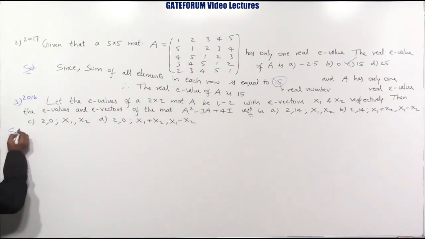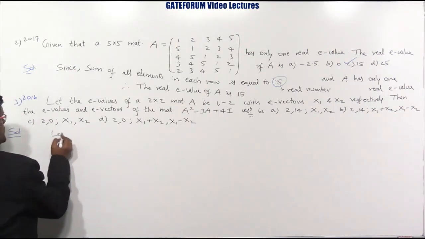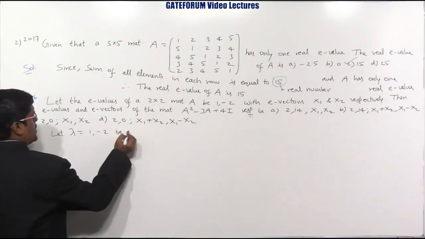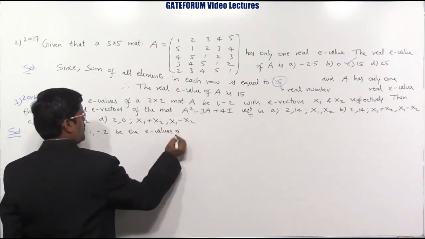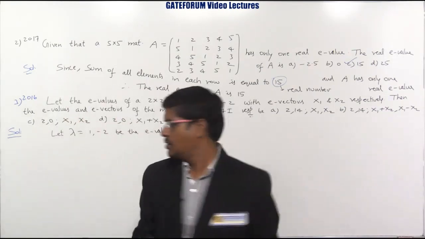Solution. Let lambda equal 1, minus 2 be the eigenvalues of the 2 cross 2 matrix A. This is given, but I denoted it by lambda.